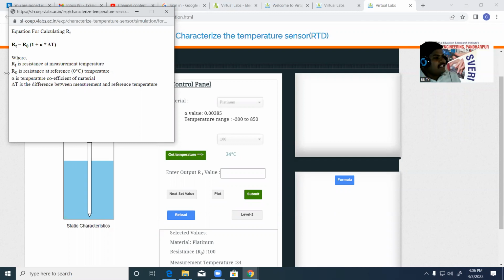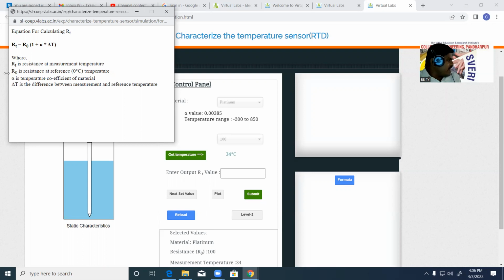RT is nothing but resistance at temperature T. Then R0 is nothing but initial resistance, or it may be resistance at zero temperature, or we can call it as the room temperature. 1 plus alpha. Alpha is nothing but temperature coefficient, and delta T is nothing but change in temperature.